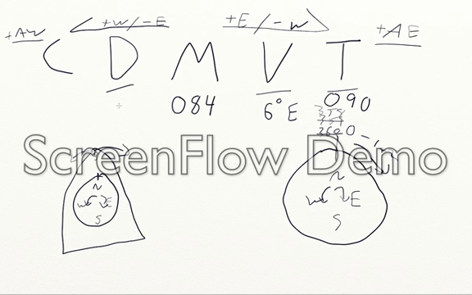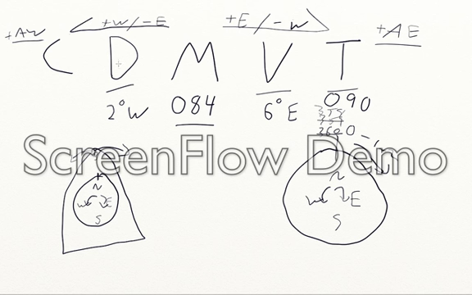Deviation. Now we look at our magnetic compass table for the heading of 084, and what we find out is we have a 2 degrees west deviation. We are heading in this direction now, so we add west.